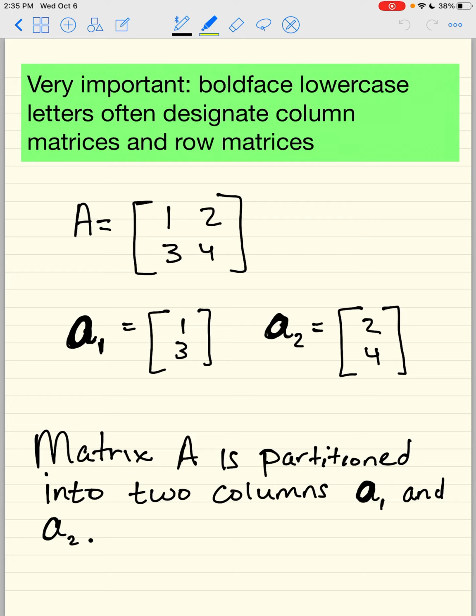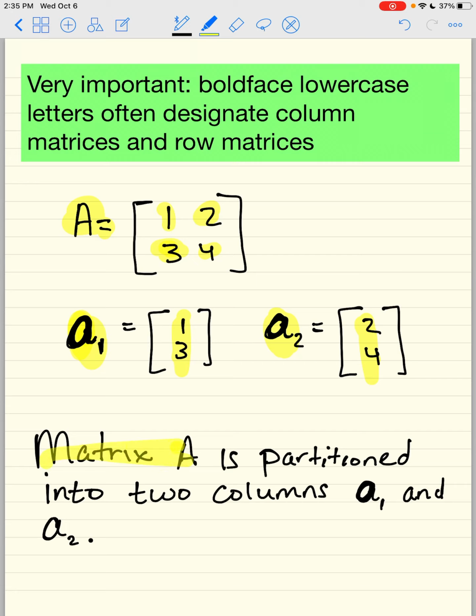So, very important. Boldface lowercase letters often designate column matrices and row matrices. This is very important. So we have A equal to 1, 2, 3, 4. You can refer to 1, 3 with this boldface lowercase letter, a1, and we can do the same thing for a2, 2, 4.